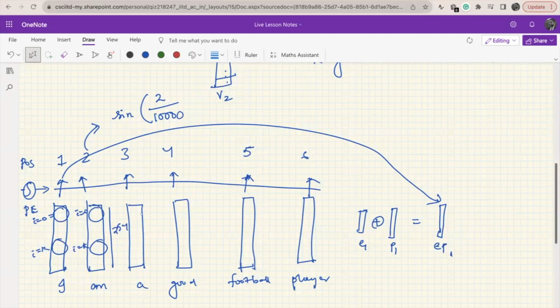So let's say this dimension d is 256 and i is, let's say, 4. So it's 2 into 4 by 256, that is 8 by 256.